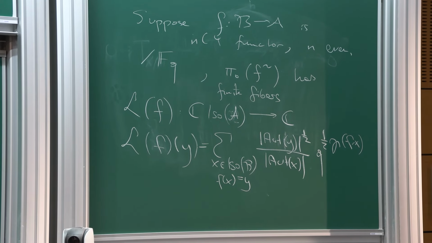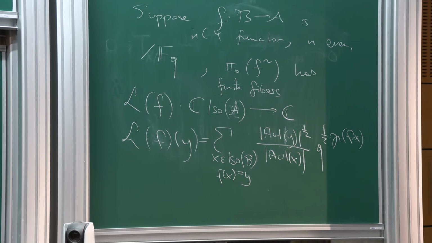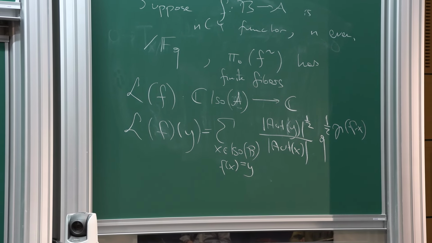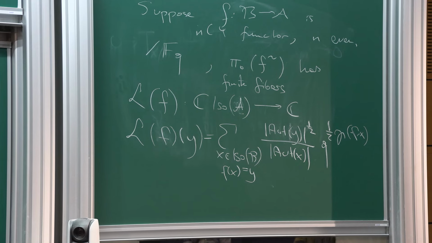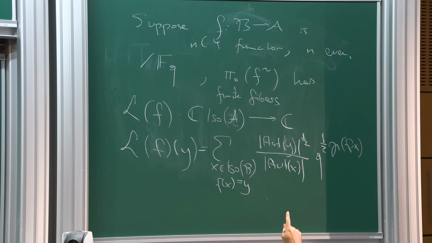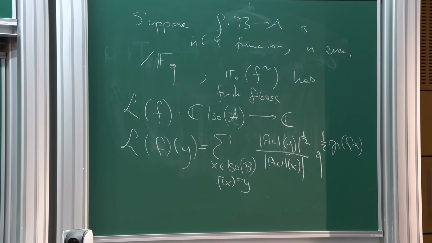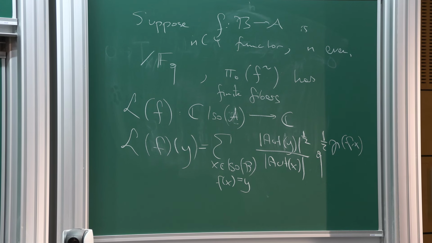How you should think of it is in the setting where all my Ext groups eventually vanish for negative enough degree. What I can do is pull back functions from A to B via f, and then sum them up over all isomorphism classes of B, in the sense of homotopy cardinality, so with the correct weight.